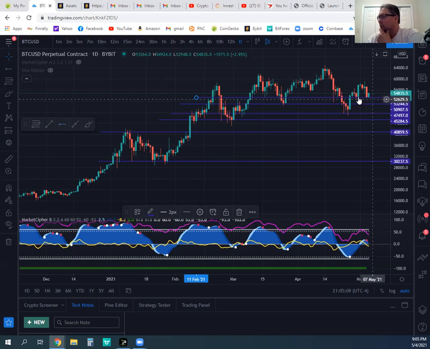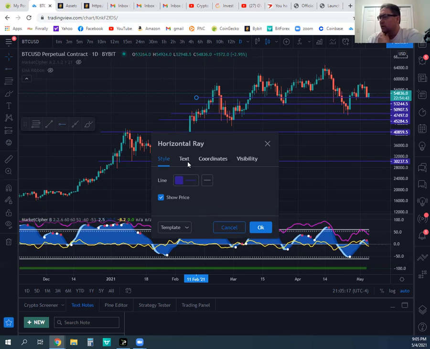And if you want, we can change these numbers to the exact numbers we want by going down here, clicking the settings, the coordinates, and then we can type in here the number that we want, 53,000.